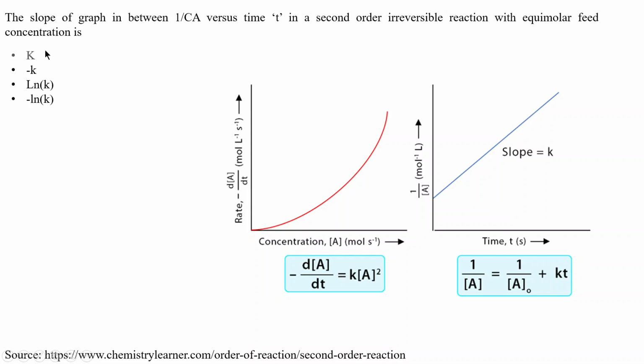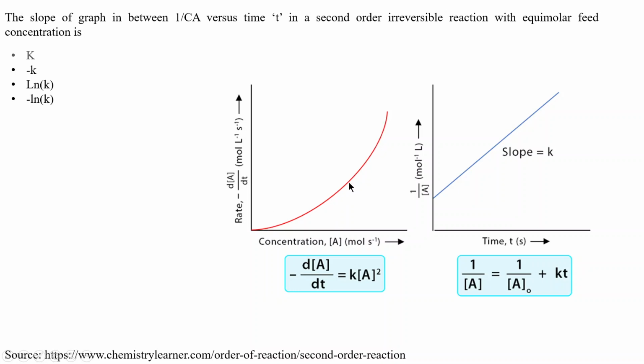So for this question again, the slope of the graph between 1 by Ca, that is 1 by concentration of A, versus time t in a second order irreversible reaction with equimolar feed concentration is. So the concentration of A is continuously declining, and the rate here, that is dA by dt, the decomposition of A or the decline of A with respect to time, is shown here.